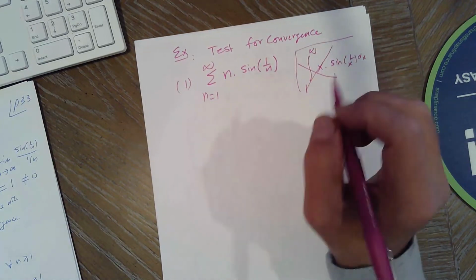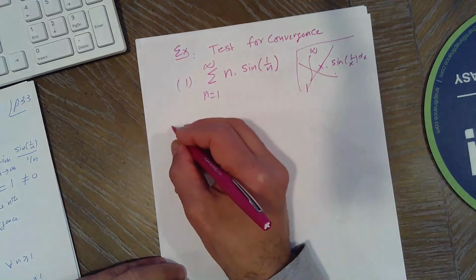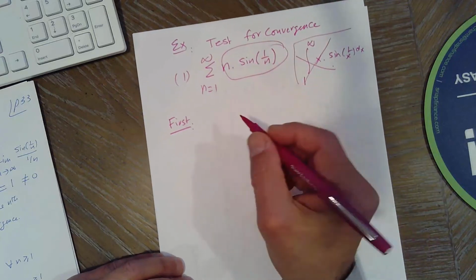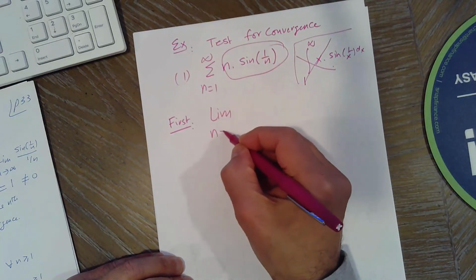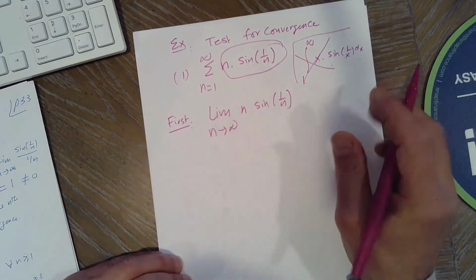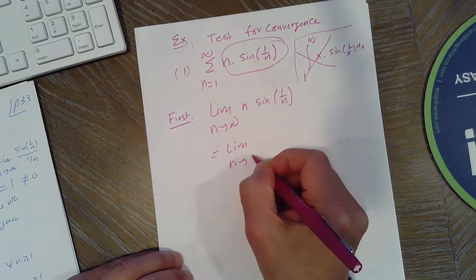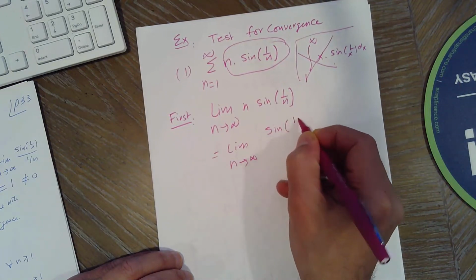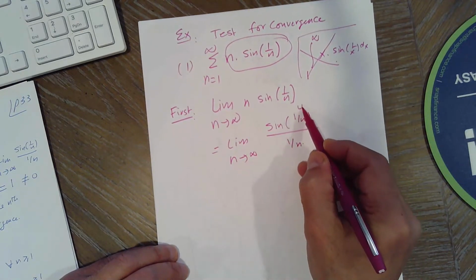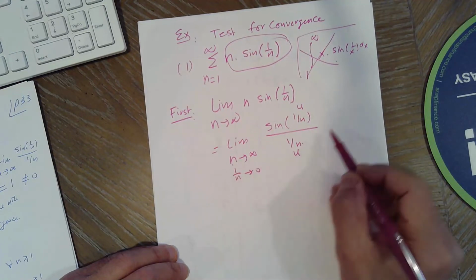So we're going to do what we call the direct comparison test. But let's call this the first method something we did before, the nth term test for divergence. If the limit as n goes to infinity of n sine 1 over n is not 0, then we know it diverges. Well, let's see. We can write it as sine of u over u, where u is 1 over n. If n goes to infinity, 1 over n goes to 0, so this equals 1.